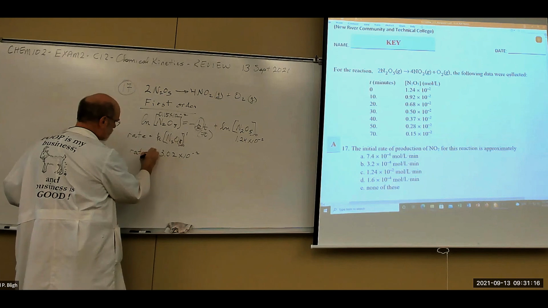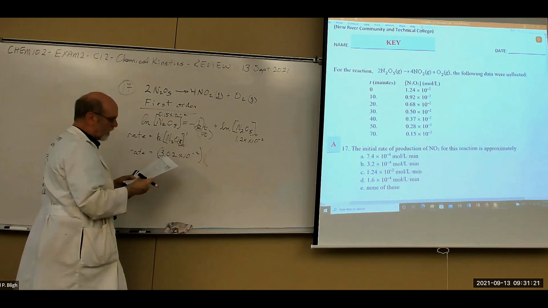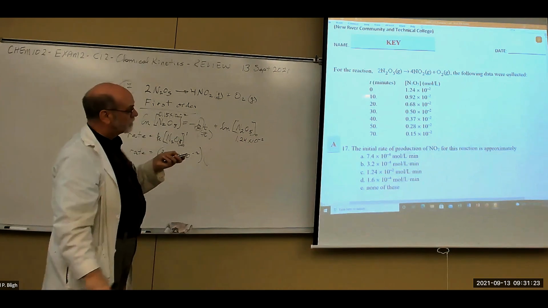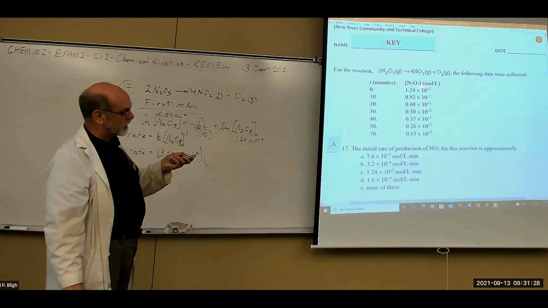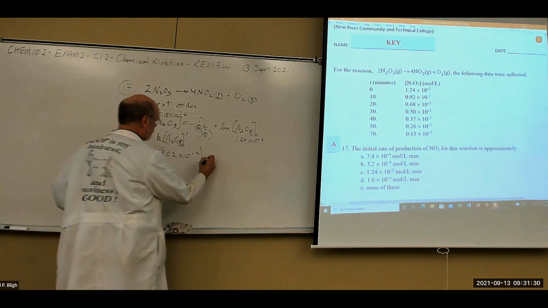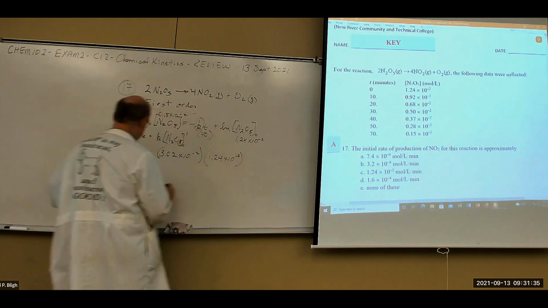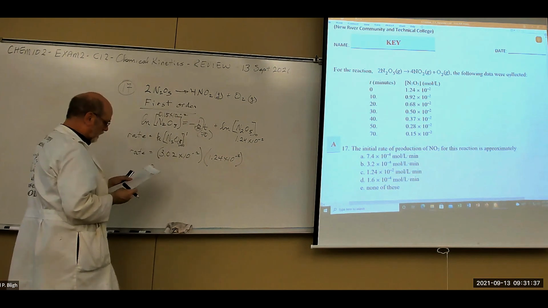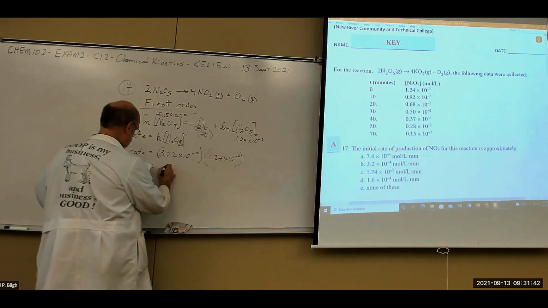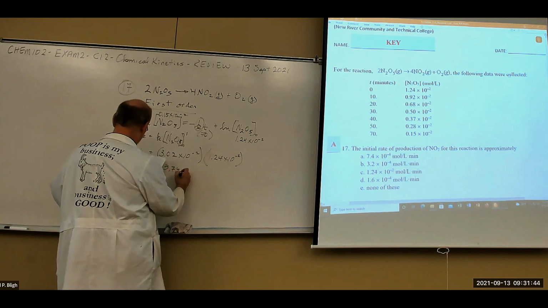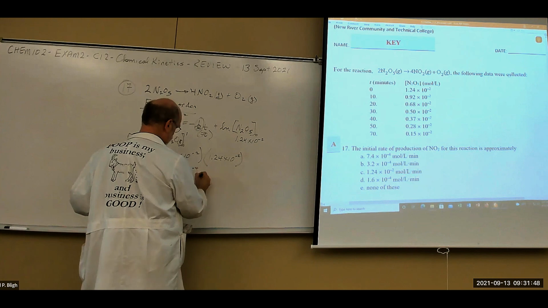Rate equals this one times this one to the first power, and the initial rate we want is this one right here, 1.24 times 10 to the minus 2. There we go. So now we can calculate the rate at 3.74 times 10 to the minus 4 molarity per minute.